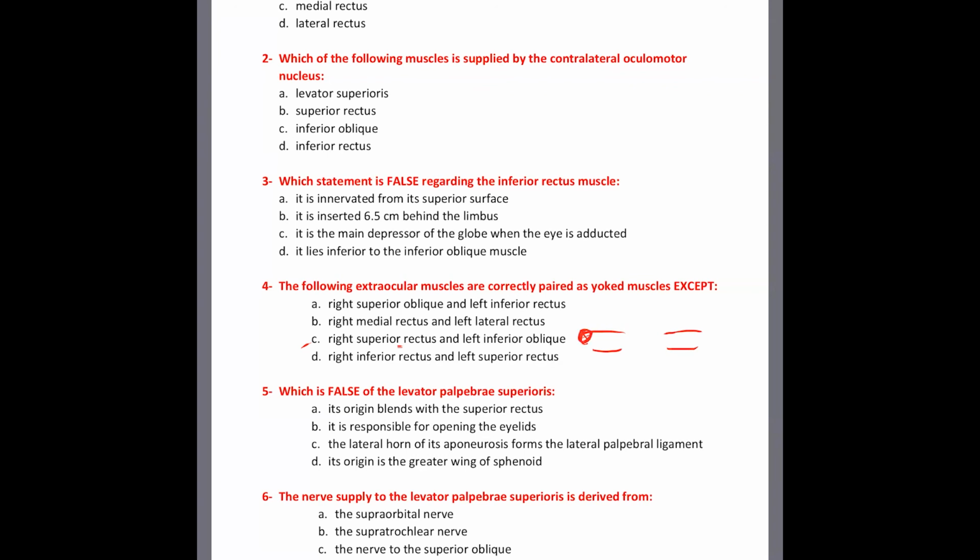And for the left eye, I'll have elevation in adduction, the left inferior oblique. So both eyes will look to the right and upward. They have the same direction. They are working together, so they are yoked. So number C is true, and number D is absolutely false.